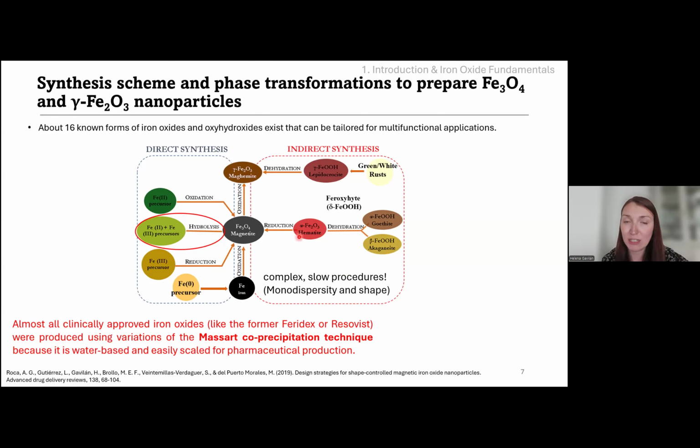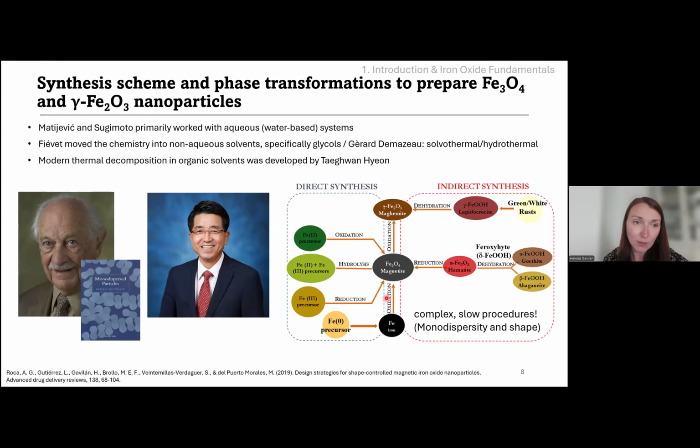Of course, if we consider nanoparticles with higher MPI and magnetic hyperthermia capabilities, we rely on other synthesis routes that are more complex and slower, but give rise to monodispersity and shape control. For those interested in the foundations of these routes, please note that Matijević and Sugimoto were primarily working on aqueous, water-based systems.